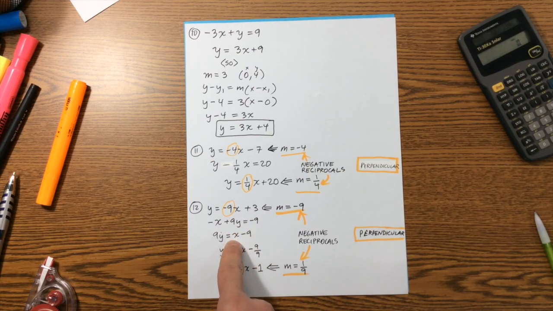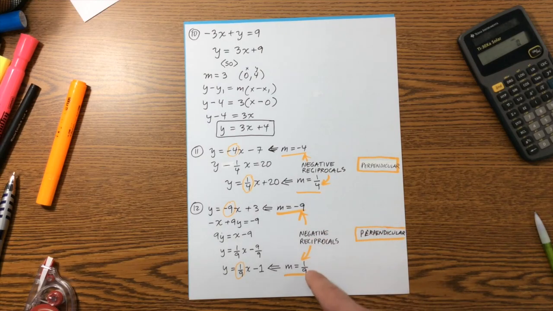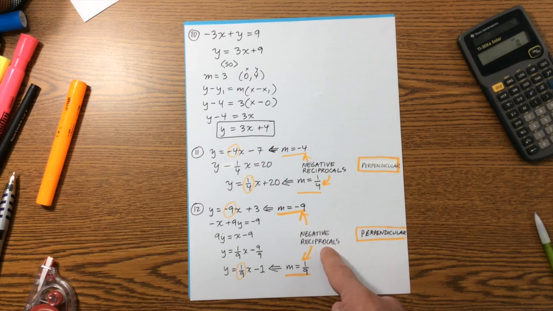So I showed all my work as I finally came up with the slope-intercept form. The slope is 1/9. And again, -9 and 1/9 are negative reciprocals of each other. So again, these lines are perpendicular. So that's how I went about doing the answers for these. All right? Let me show you the rest of them.